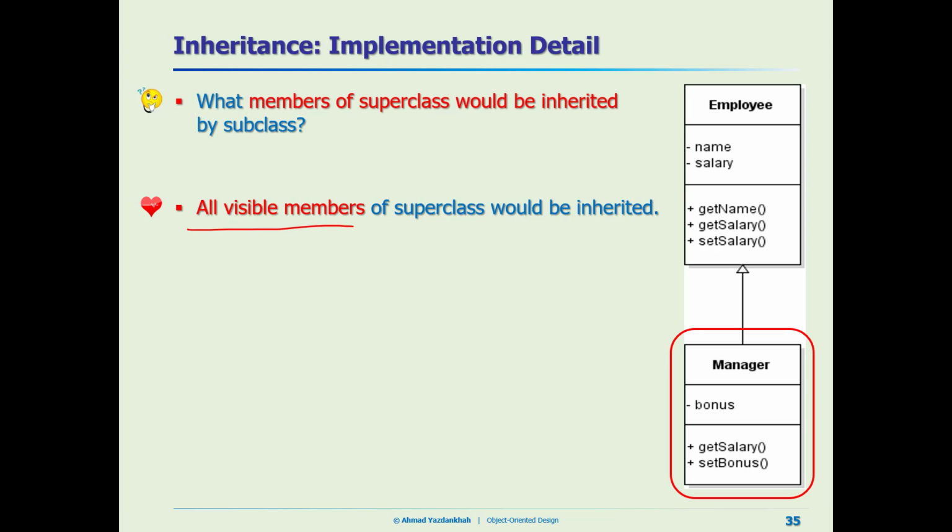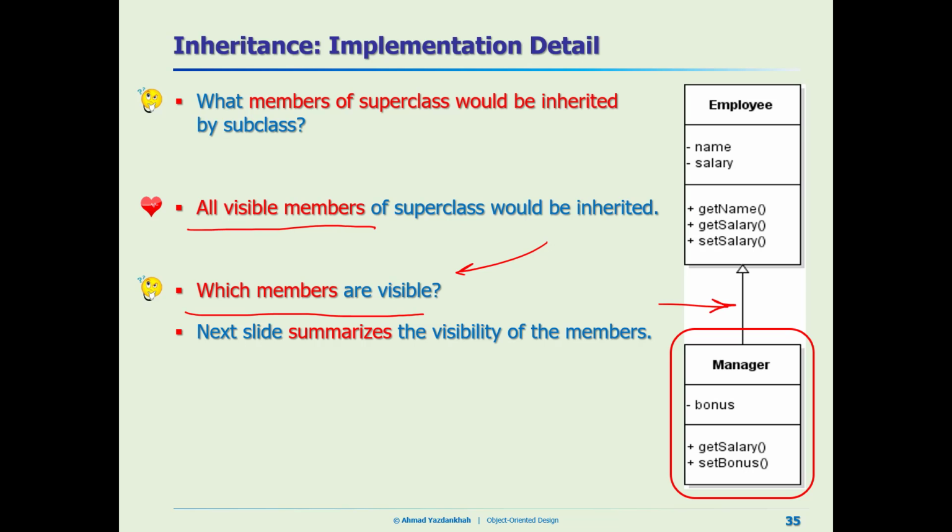All visible members. But which members are visible, right? We have seen some things about this visibility of the members, but it was not complete, as we said before, and we said we will get back to them, right? Okay, so let me get back to the visibility first.